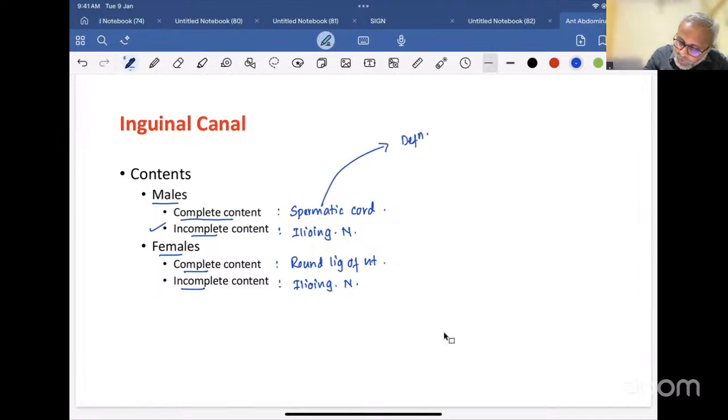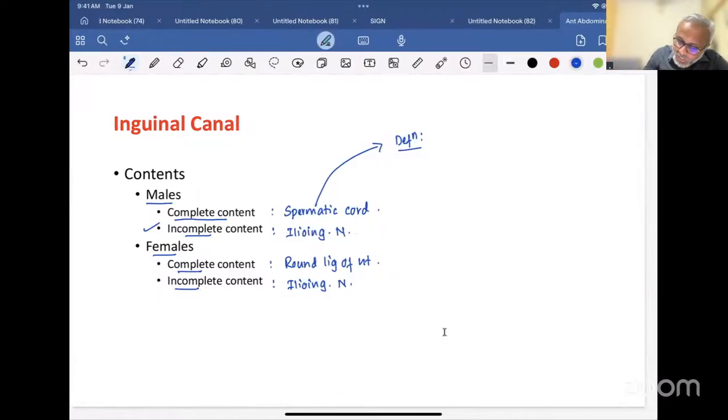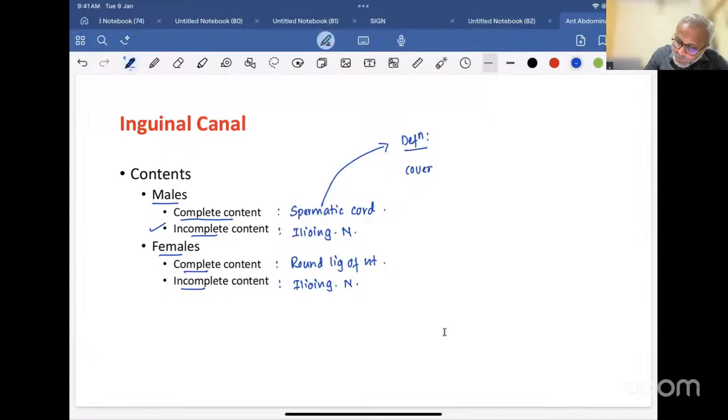First, talk about the definition. What is the spermatic cord? It is a cord-like structure that passes through the inguinal canal and suspends the testes. It contains the structures which traverse to and fro from the testes. That is the definition.